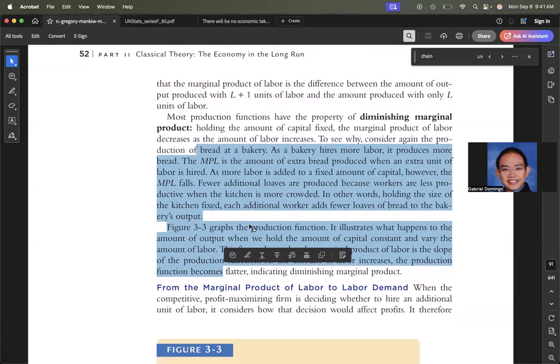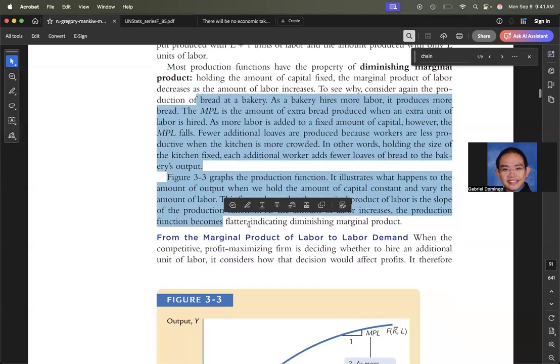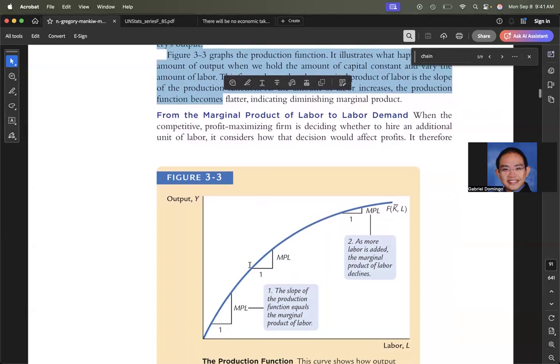Because workers are less productive when the kitchen is more crowded, when more people are using the same capital and the same space, etc. In other words, holding the size of the kitchen and the capital stock within the kitchen fixed, each additional worker will increase output by only a little bit. In fact, you can imagine that the marginal product will turn negative at some point because literally it's just adding more congestion and it's not working out.